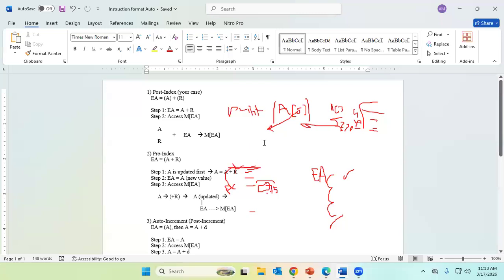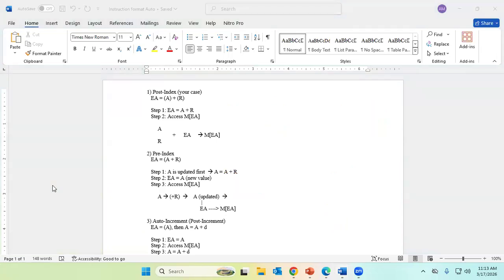Okay, great. So let me clear this screen, because these are the ones we want. I'm talking about those with the drawing, because it says can you draw, and I draw it. So let's stop this now, clear first, and then go through this. Effective address equals content of A plus content of R. We know this.